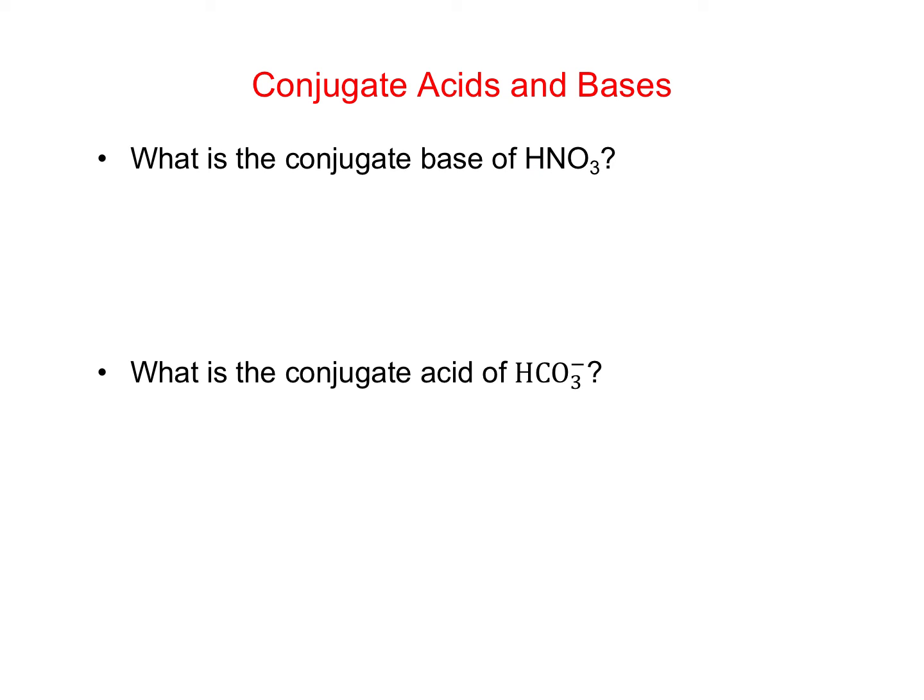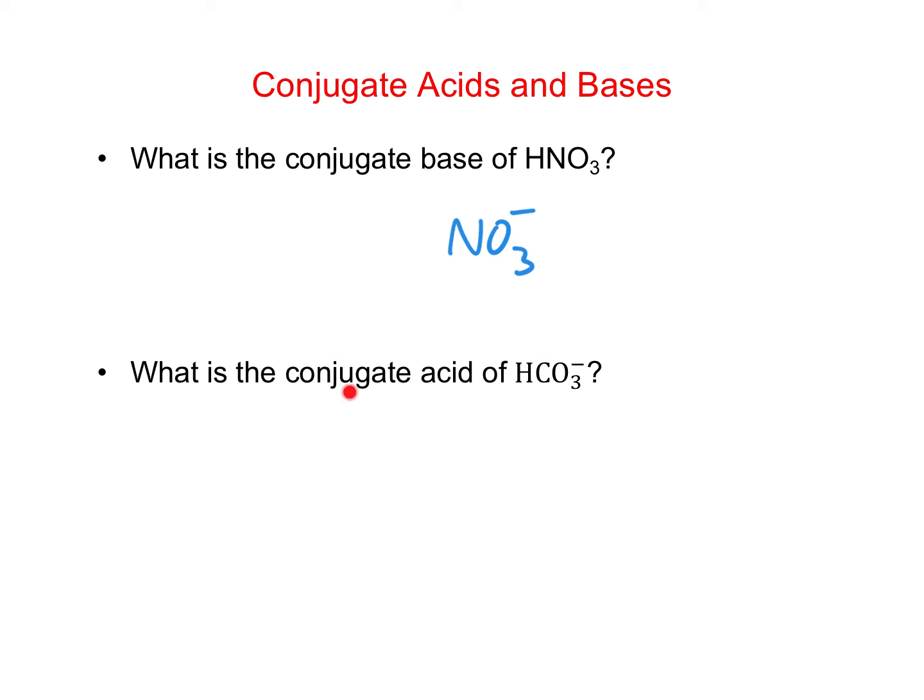To find the conjugate base of anything, take away an H+. So it loses an H, and because of the charge, it'll become one more negative. Since this thing is neutral, the conjugate base is going to be NO3, and it's also going to become one more negative, because it's not just losing the H, it's losing the H+. So the conjugate base of HNO3 is NO3 minus.